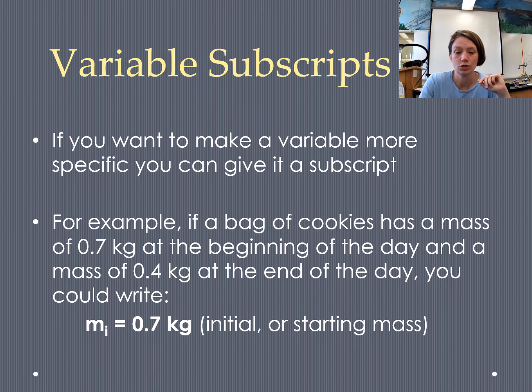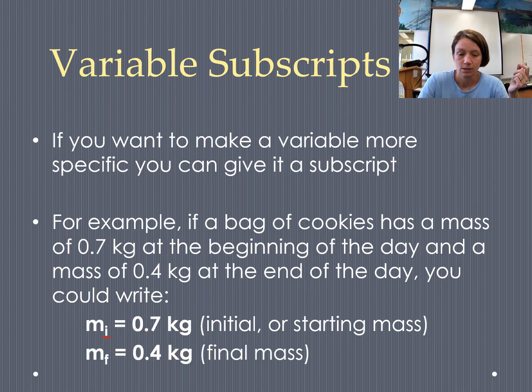So what a physicist would do is they would write M, and they're going to put this little subscript I, right? So that's the subscript, and then I would write the value of that variable, which is 0.7 kilograms. So that little subscript, the I, stands for initial, or the starting mass of the object.